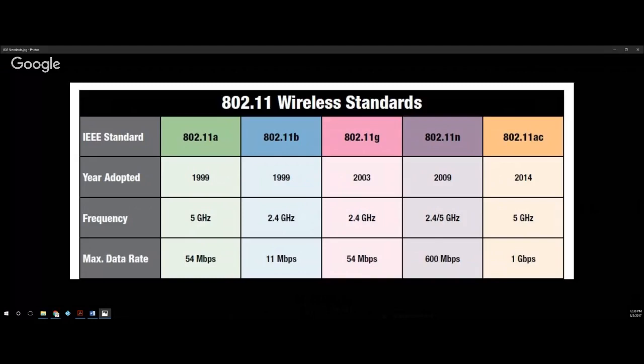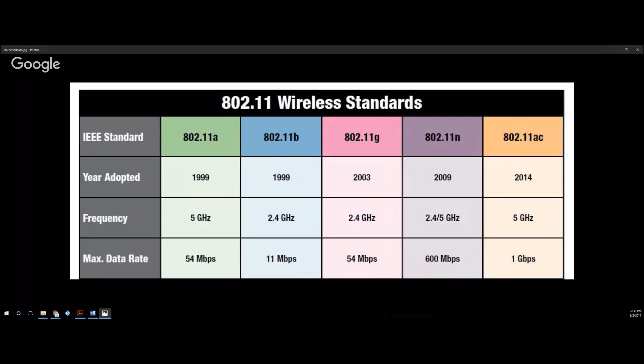I've seen 1 gig, I've seen 1.3, 1.7 was probably the highest I've come across, and these are gigabits per second for the maximum theoretical speed. So study this chart. If you want a different chart, it's really easy. You just Google 802.11 standards and go to the images tab. You'll see hundreds of options and pick the one that's going to help you memorize it the best.